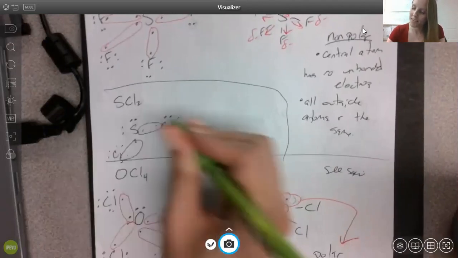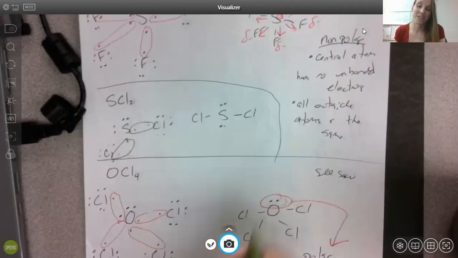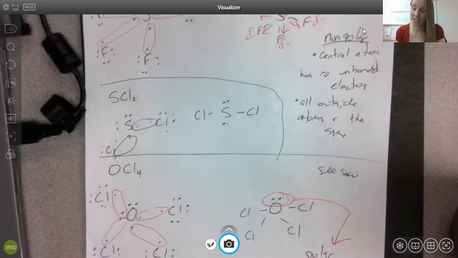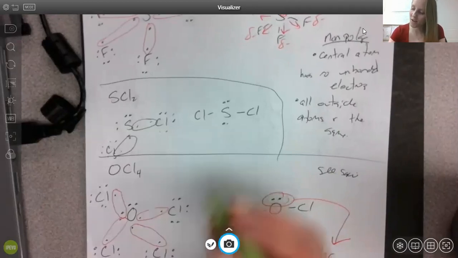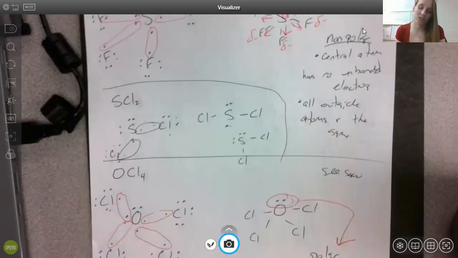Some people would draw it like this, which is wrong, unfortunately. You have to draw it where you show that this is a bent shape.